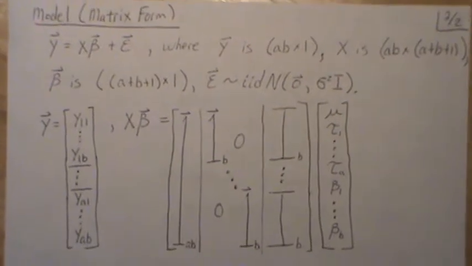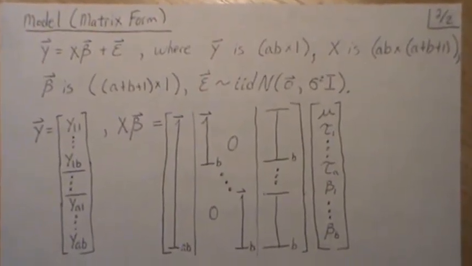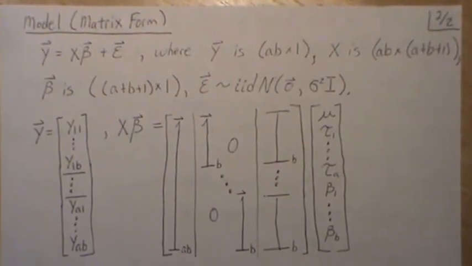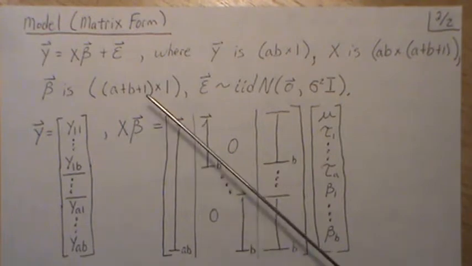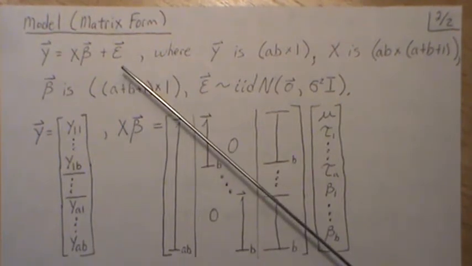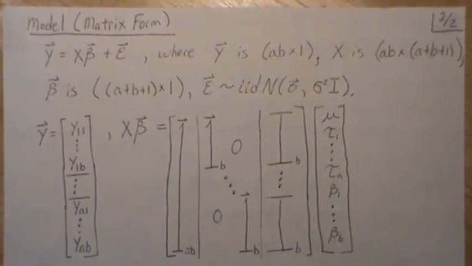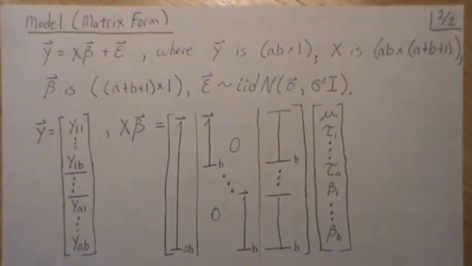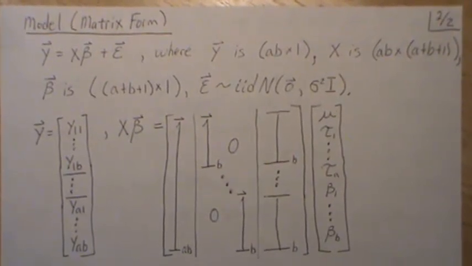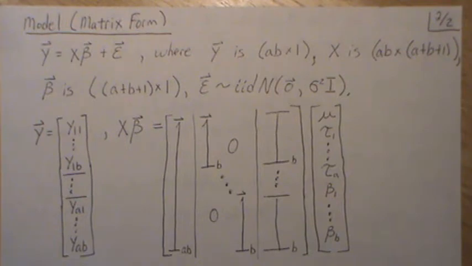Now for the matrix form, or the layout for matrix, it's y equals X beta plus epsilon. That's the general form. Y is an AB by 1 vector. X is an AB by A plus B plus 1 matrix. Beta is an A plus B plus 1 by 1 vector.